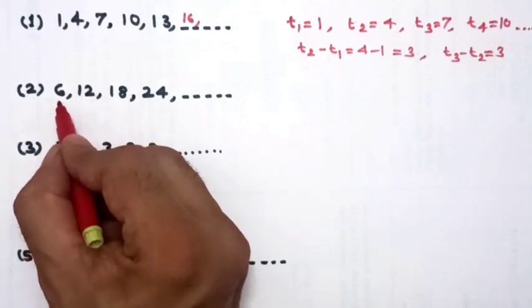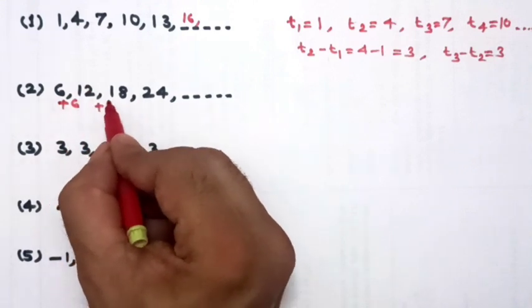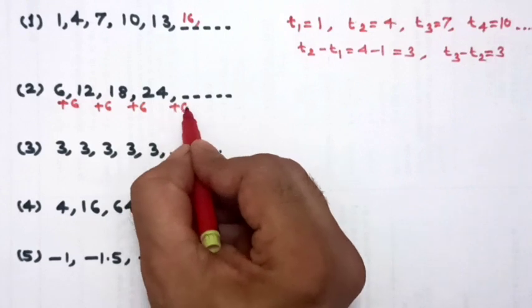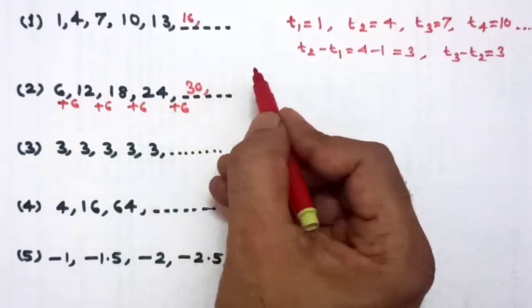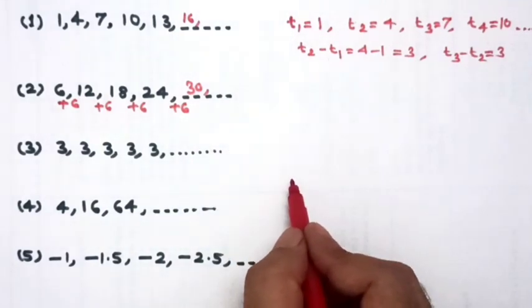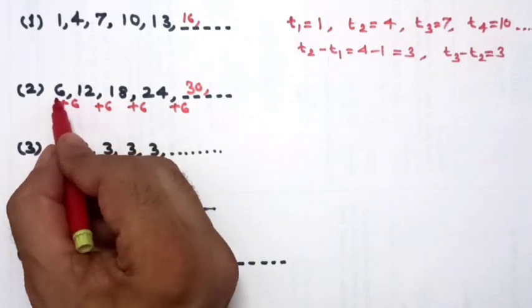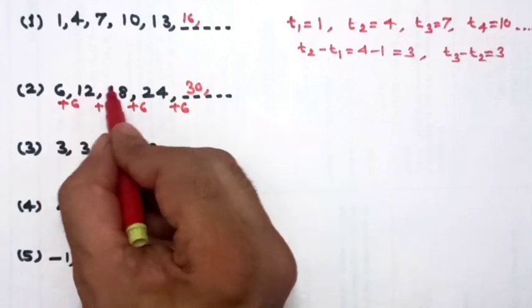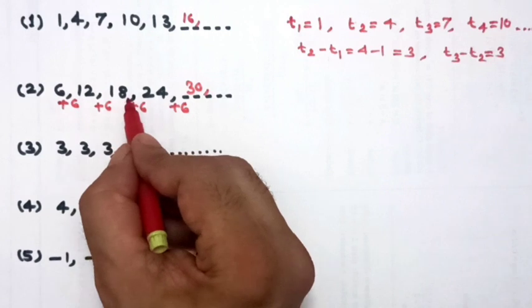When you add 6 here, you get 12. When you add 6, you get 18. When you add 6, you get 24. So ultimately when you add 6, you get 30. So your next term will be 30, and so on. This is again an AP, because when you subtract 12 minus 6, you get 6, 18 minus 12 is 6, 24 minus 18 is 6, and so on.